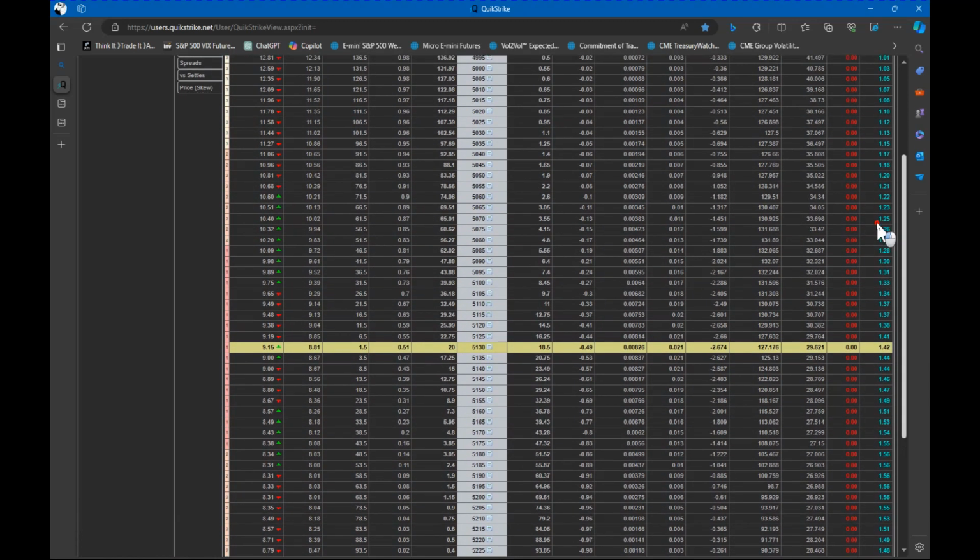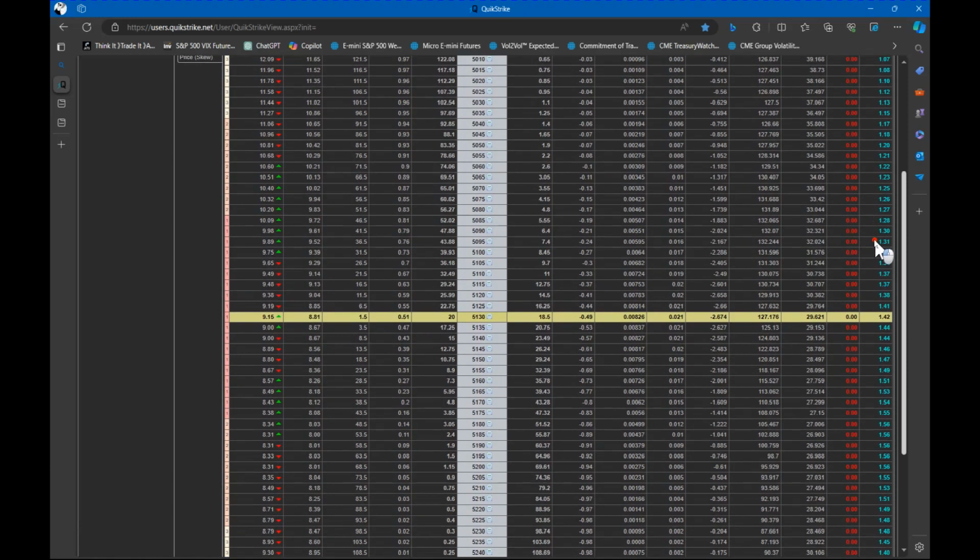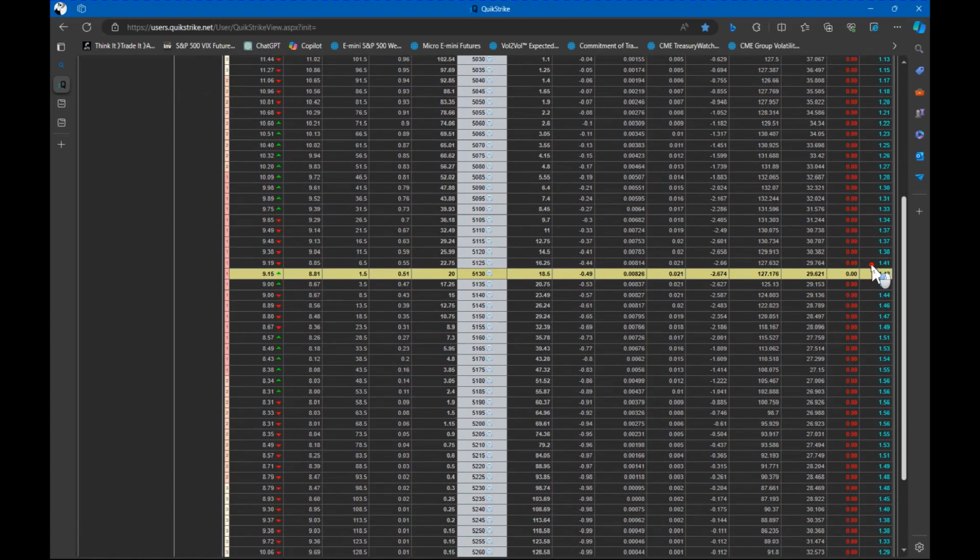For theta, you can see that you go right into higher numbers right away. 2658 and 2601.